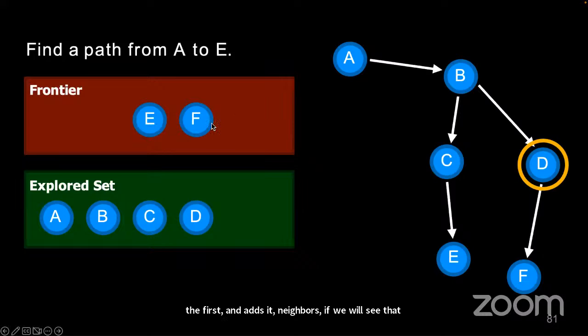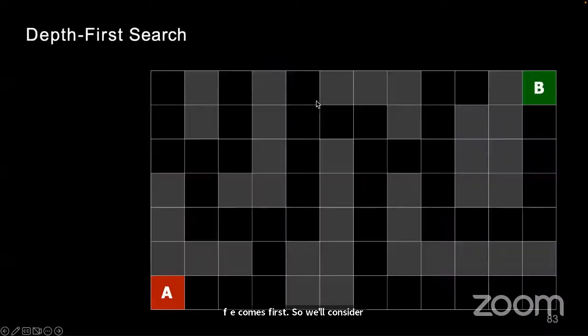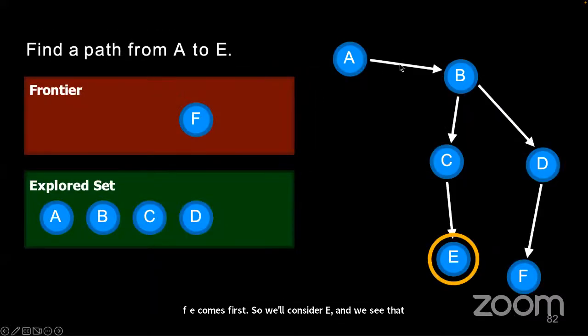Now between E and F, E comes first, so we'll consider E, and we see that this E is our goal state. So we see that this algorithm takes one step in each direction before taking the second step in a particular direction.